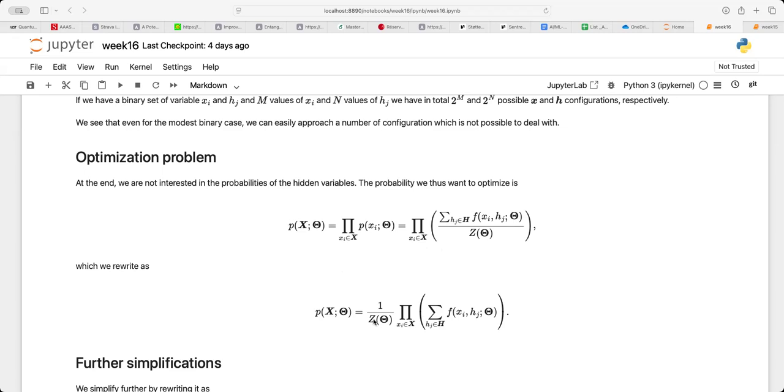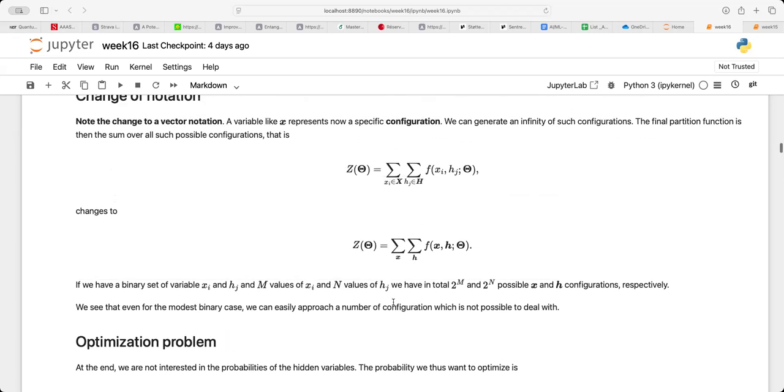Keep in mind that it is a normalization constant, but it will depend on the parameters we have, because the partition function is a sum over the variables, the hidden and the visible ones, but it has a functional dependence on theta. And these will be the parameters of the quantum neural network or the classical neural network for a Boltzmann machine.